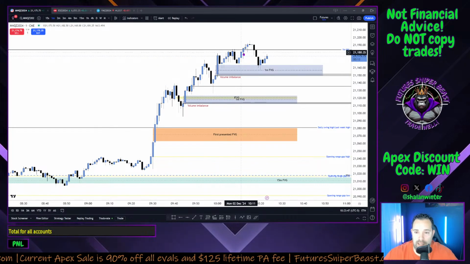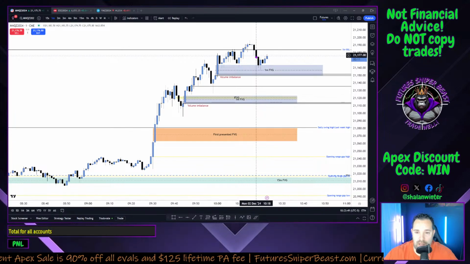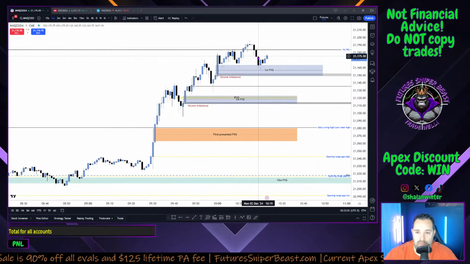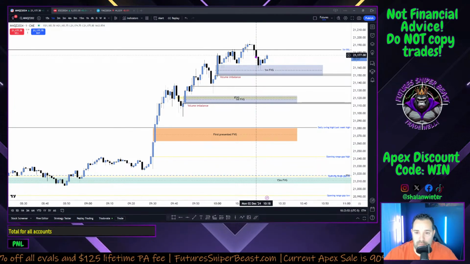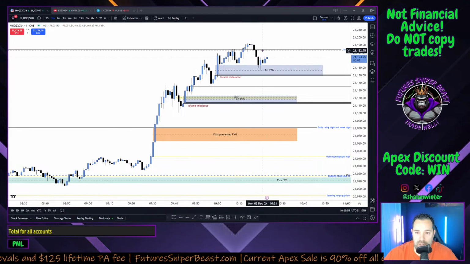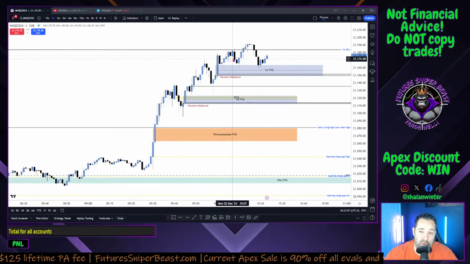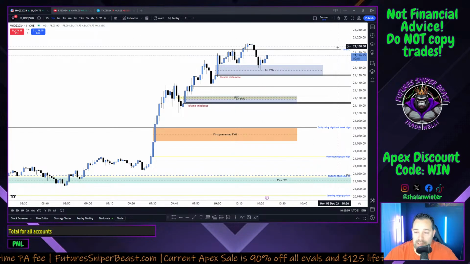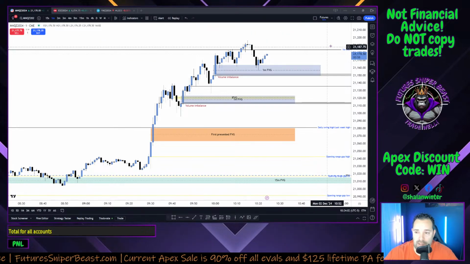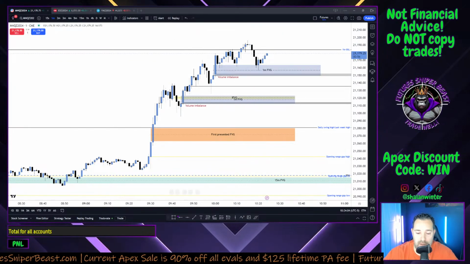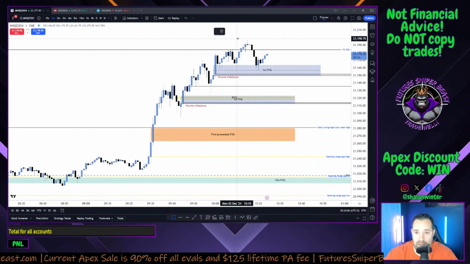All right, so we're in this little fair value gap right here. It's not anything worth marking, and then that inversion is right up here. But the important thing that I'm watching is I want to see price remain under this old buy-side liquidity. I really don't want to see price come back up above it.